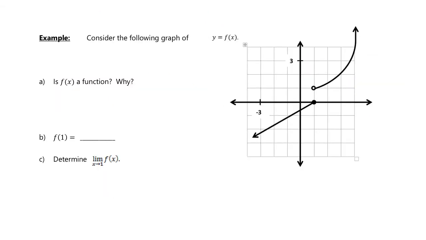Let's take a look at an example. Here's a function that's given. First of all, we're going to answer question A: is f of x a function? We can see that it passes the vertical line test. Yes, it is a function because every x value has only one y value.